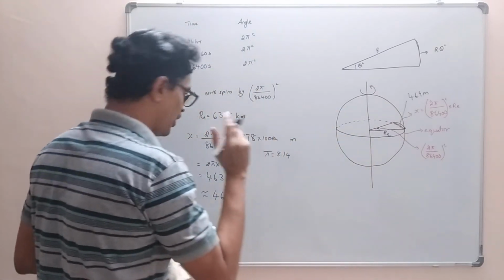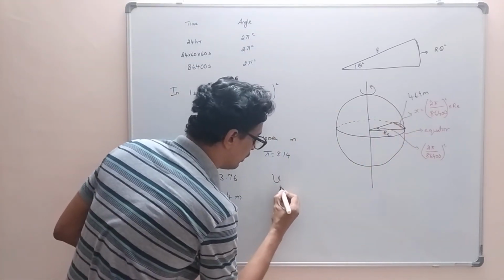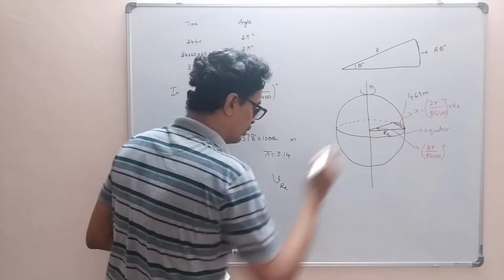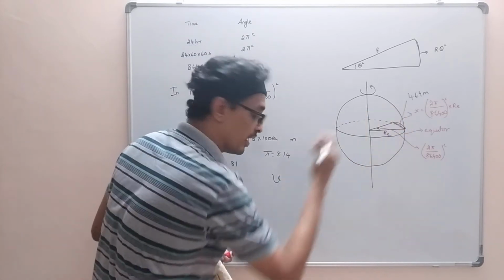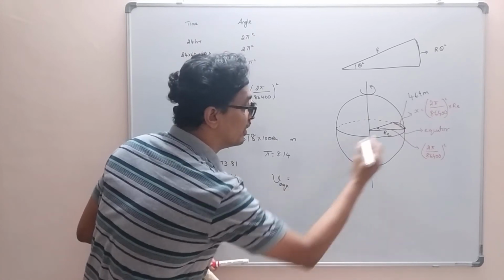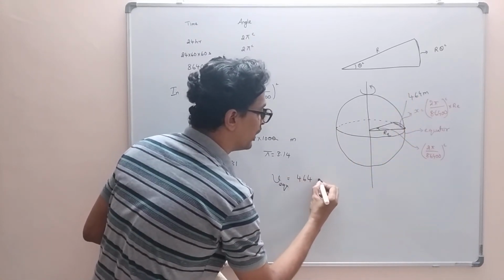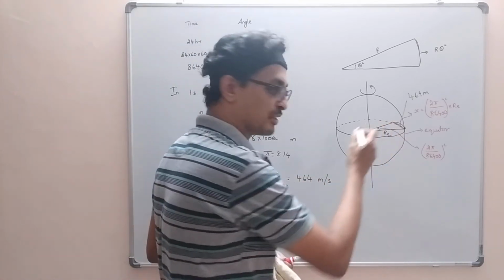So any point on the equator, the velocity at the equator will be 464 meters per second, correct? So that is the speed.